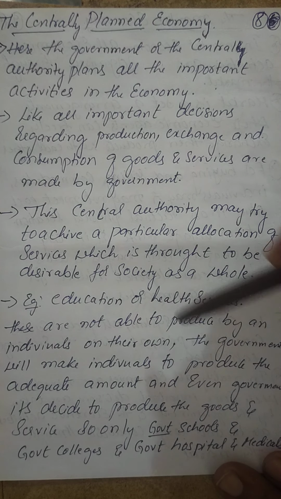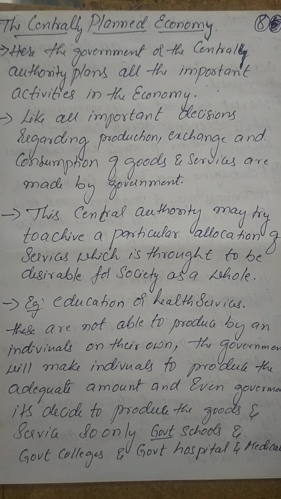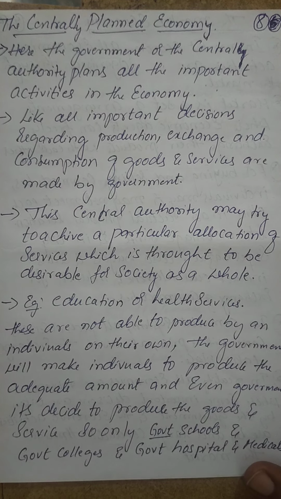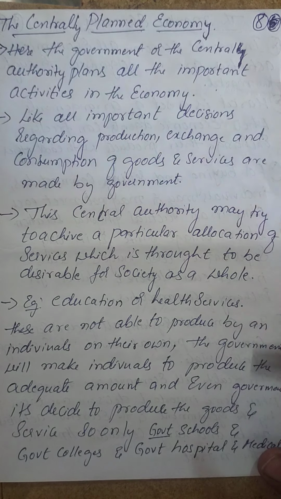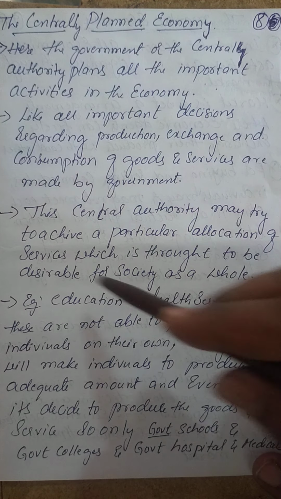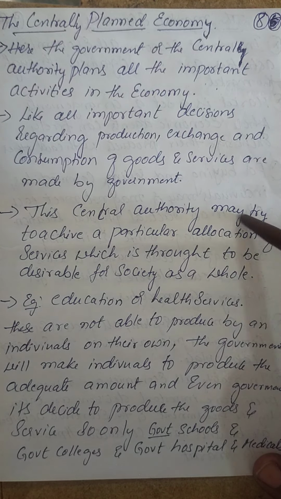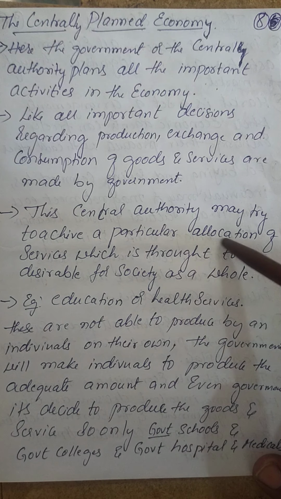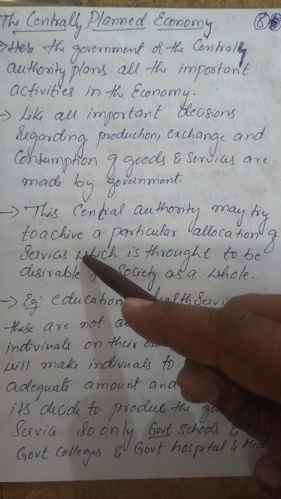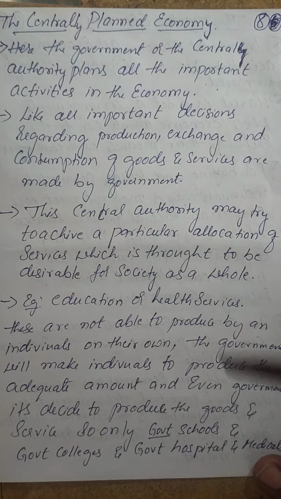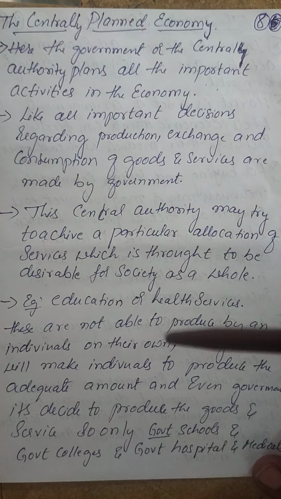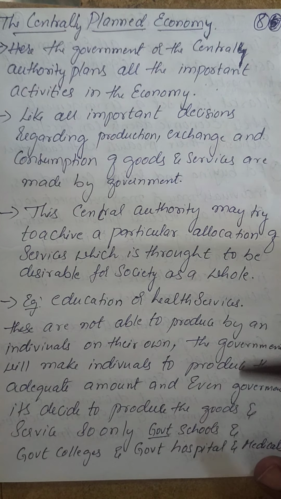For example, yesterday I spoke about the free education system. The whole society is ready to accept that, isn't it? And it is desirable also. The same thing happens here. They have to achieve such particular activity based on the allocation of services. Services like educational service, health service, banking service, all these things the government can give.